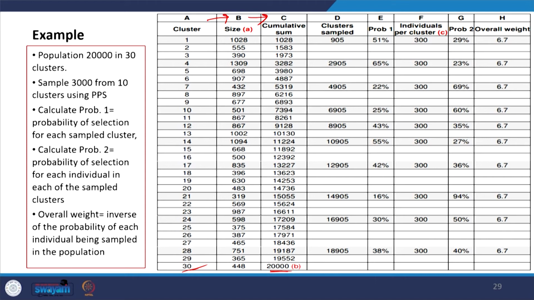Let us understand this. Now, first of all, calculate probability 1 and probability 2. What is this?